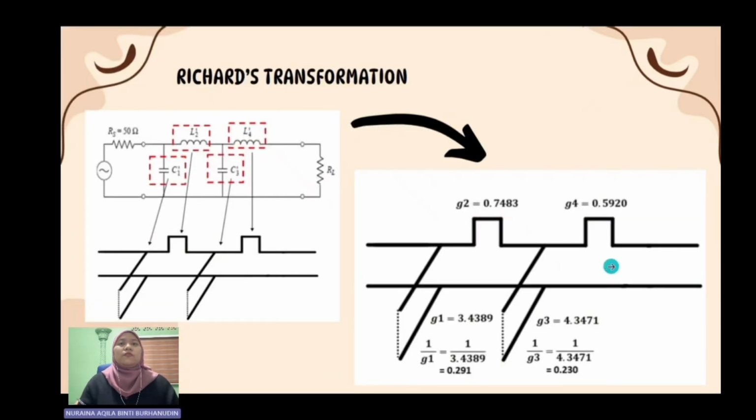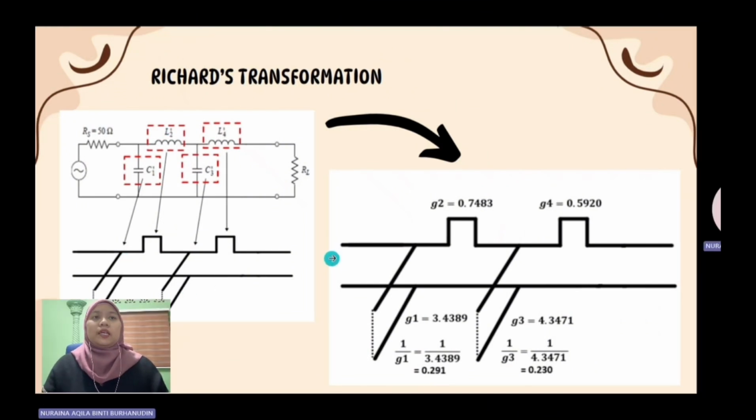Okay, next, from our circuit before, we transform it using the Richards transformation. In the circuit, the inductor we change into a short circuit, and the capacitor we turn into an open circuit.